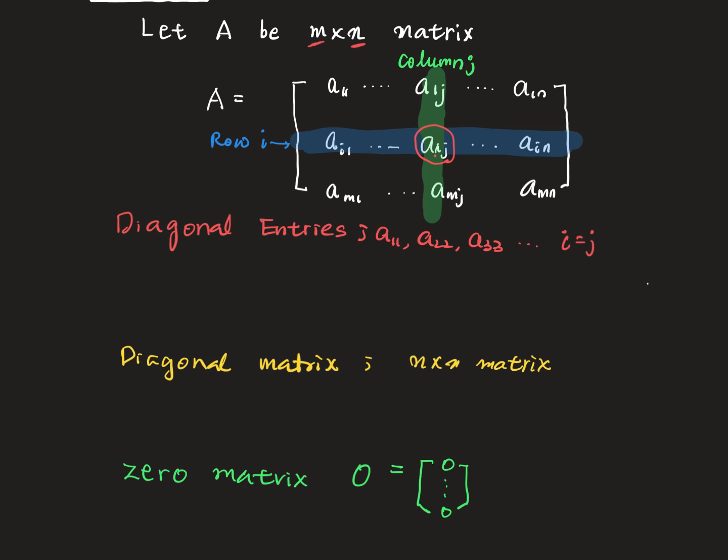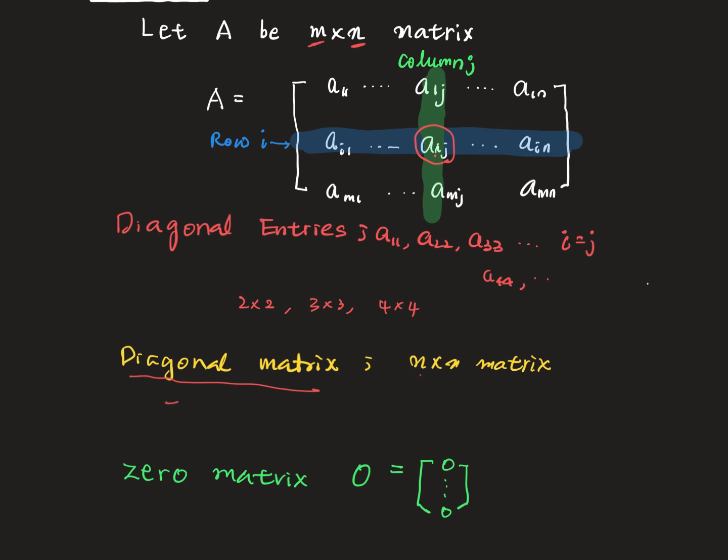So I put A11, A22, A33, A44, something like that. Row and column are the same. A diagonal matrix is n by n. Let's say a 2 by 2 matrix, 3 by 3 matrix, 4 by 4 matrix. The number of rows and number of columns is the same, guys.